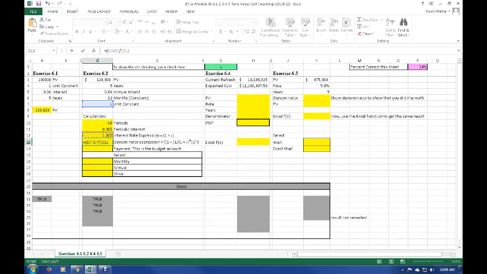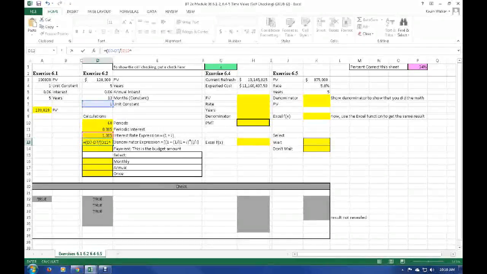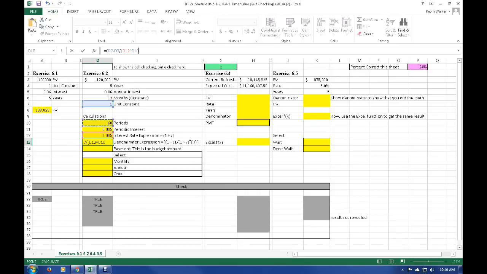All right, so that's what we're going to do there. Raised to the power of, that's the n. So 1 plus i, we actually did that here. And the n raised to the power of is the number of periods. How many times we're going to do the check? So there we go.